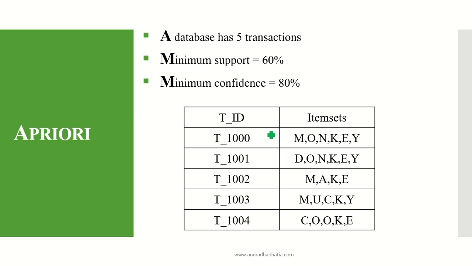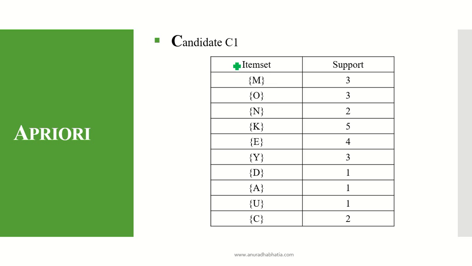You will see the transaction table over here, and all these are the different item sets for which we need to calculate the support. So the first candidate is C1, and M, O, N, K, E, Y, D, A, U, C. These are the various item sets that we found in our transaction table, and the support stands for the number of times this particular item set occurs in those transactions.